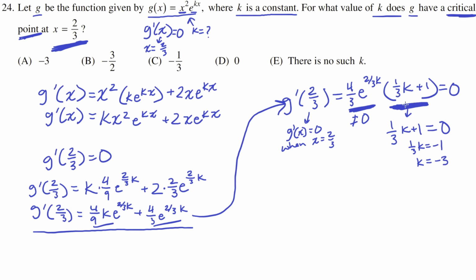So what it's saying is that when k equals -3, g prime of 2/3 is equal to 0. So this is our value of k. When k equals -3, the derivative of g of x, g prime of x, is equal to 0 at x equals 2/3. So the correct value of k is -3, which is answer choice A.